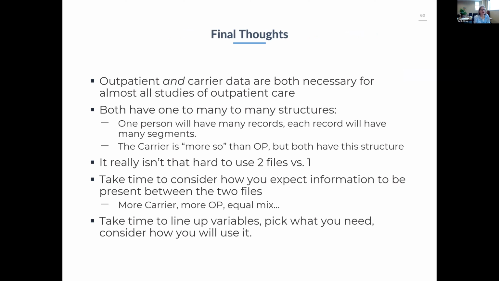So my final thoughts are they're both necessary for almost all studies of outpatient, meaning non-inpatient care. They both have one-to-many structures, so you're going to have to be able to get your head around that and figure out how to manage it. It really isn't that much harder to use the 2 files versus the 1. And that's why I told you that most of what I've done when I go into this space ends up using both with some very specific exceptions.